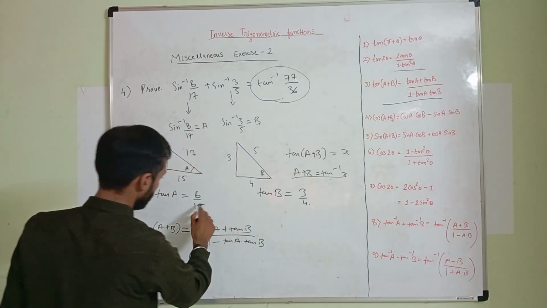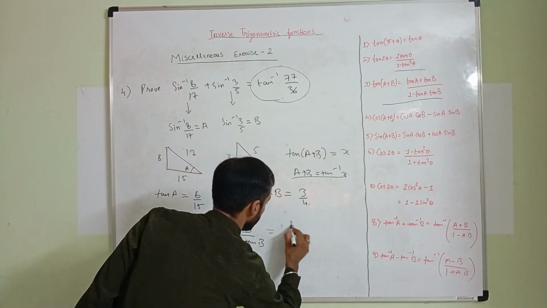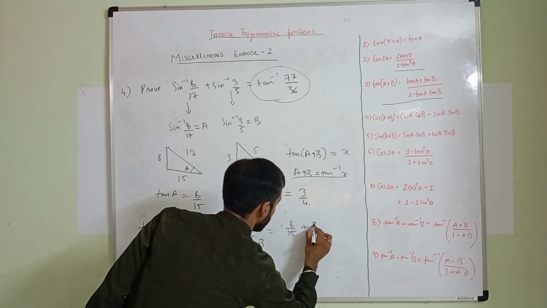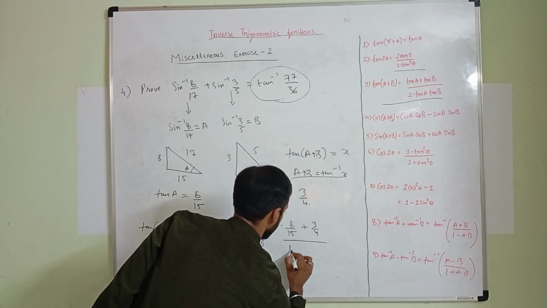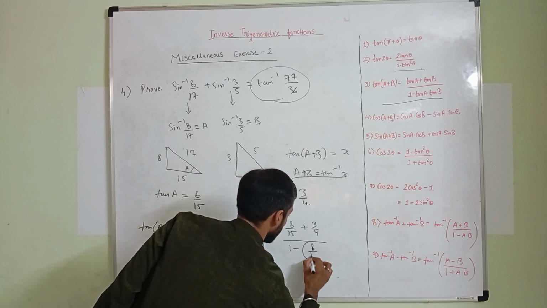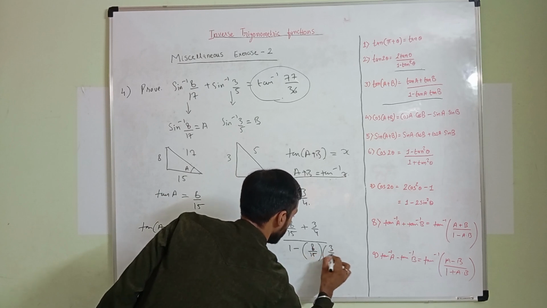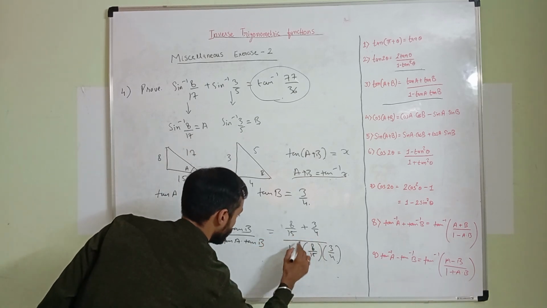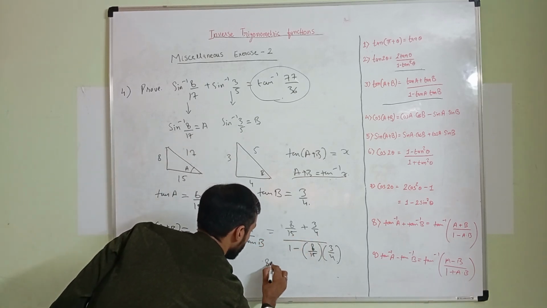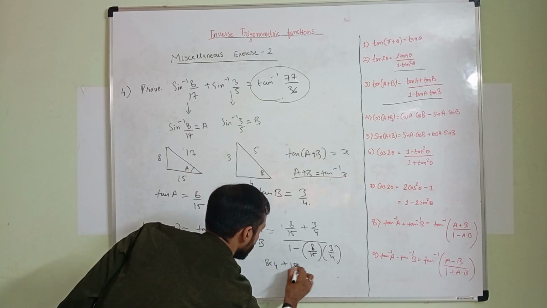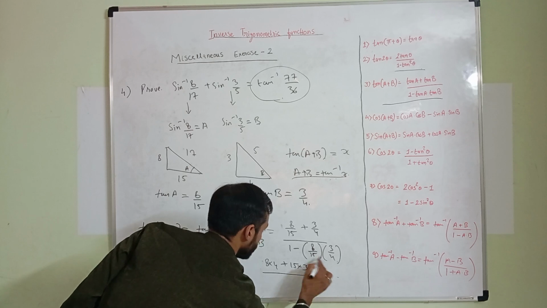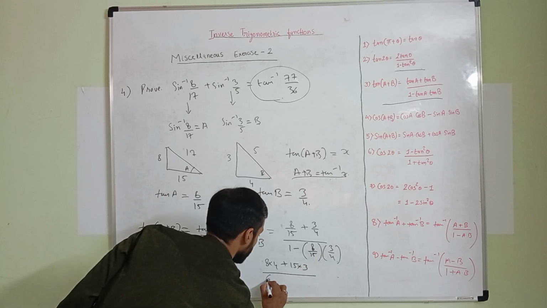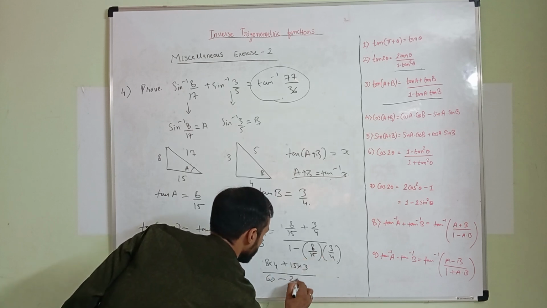Now replacing this value, we will get 8 by 15 plus 3 by 4 upon 1 minus 8 by 15 into 3 by 4. So on taking LCM, the LCM will be 60. So it will become 8 into 4 plus 15 into 3 upon 60 minus 24.